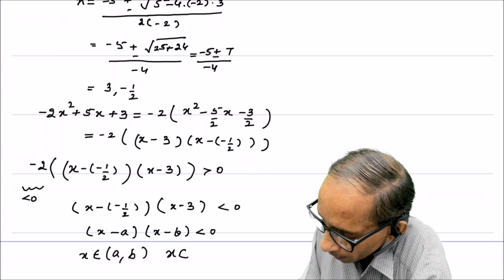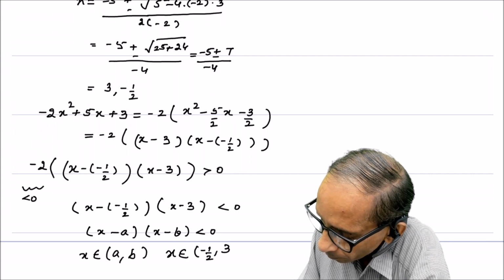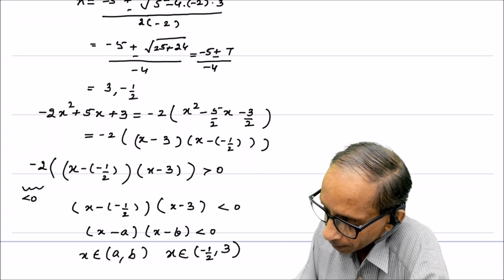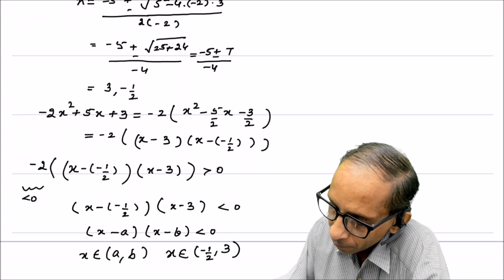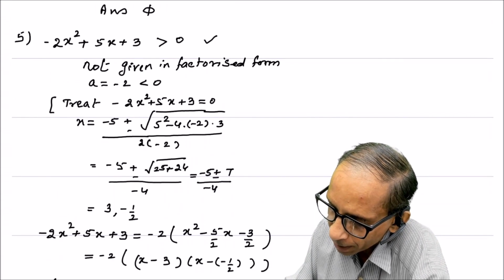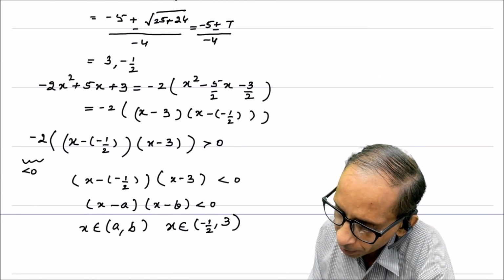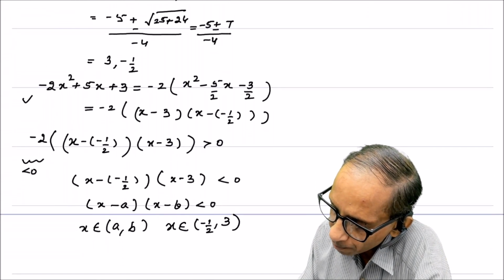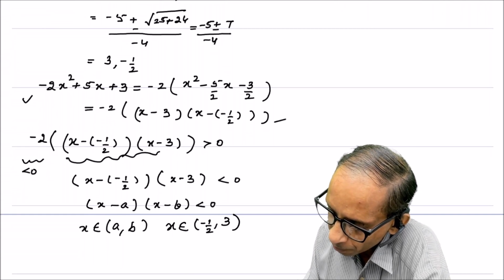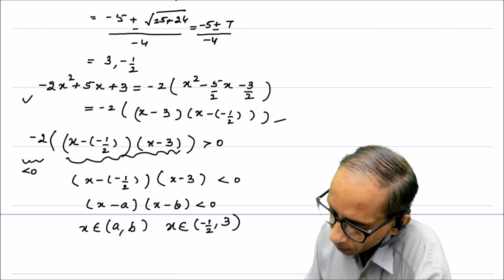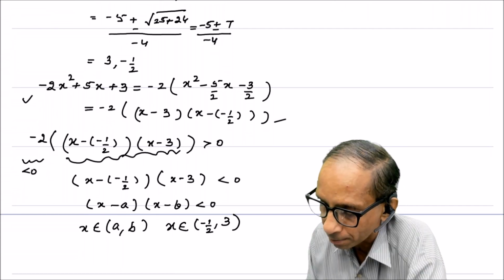So x will belong to minus half to 3. That is the conclusion that we have for this particular quadratic. We had minus 2x square plus 5x plus 3 greater than 0. We have considered the same thing out here. And so this particular thing is greater than 0, so the remaining thing here will be less than 0. So we are having the conclusion as x lies between the smaller number and the larger number.